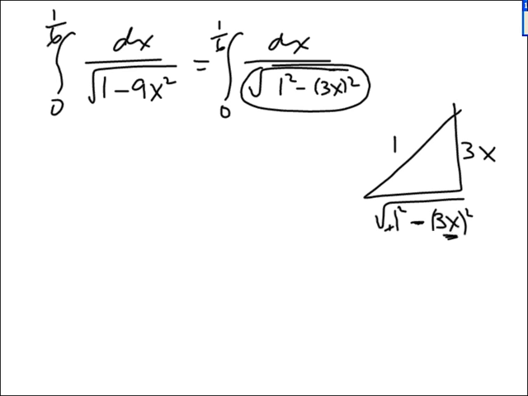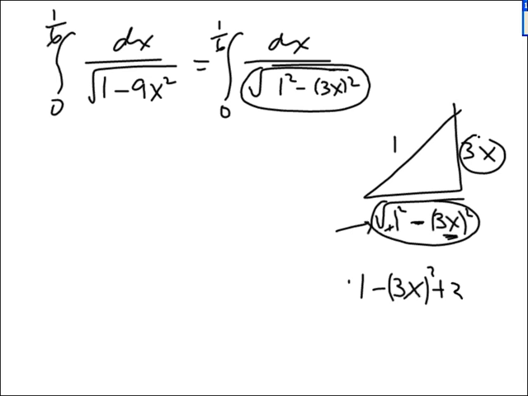And to convince you this works, if you square this, you get 1 minus 3x squared, plus if you square that, you get 3x squared, and this is supposed to equal 1 squared. Well, if you take away 3x squared and you add it back, it cancels out. So certainly 1 equals 1.